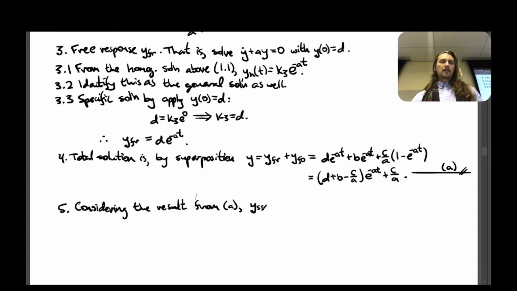Y steady state is equal to c over a. So that is part B.